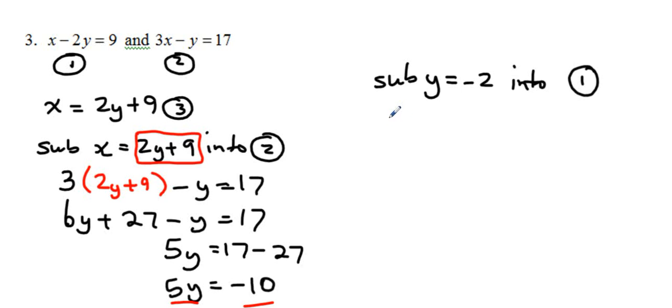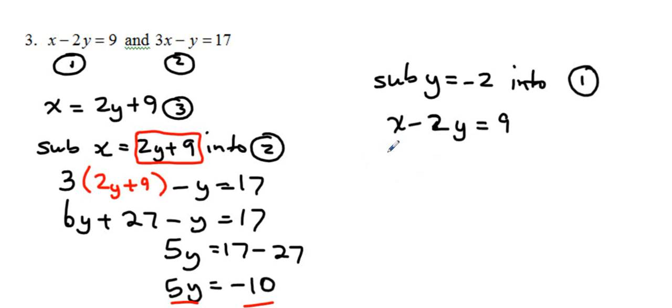All right, so I've got an x minus 2 times my y. Oopsie, maybe what I'll do is just write the equation out first. So number 1 is x minus 2y equals 9.